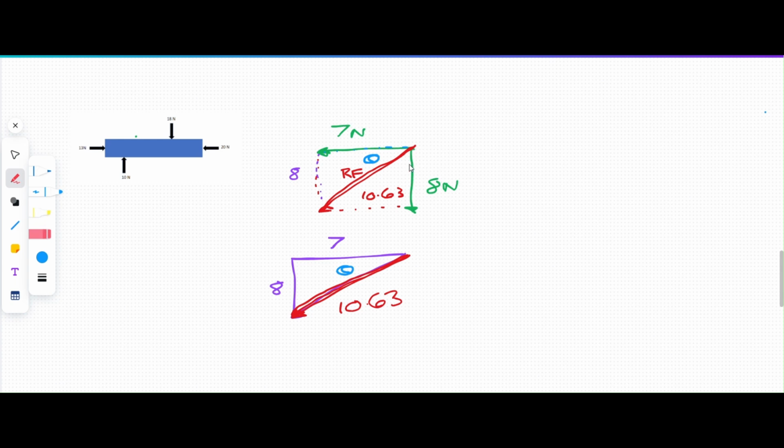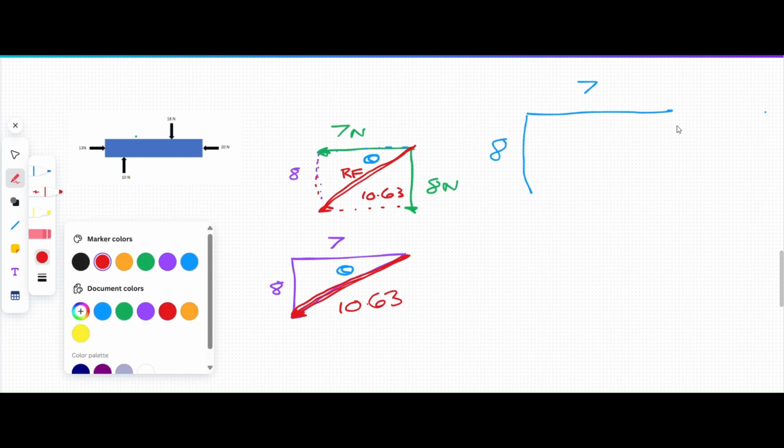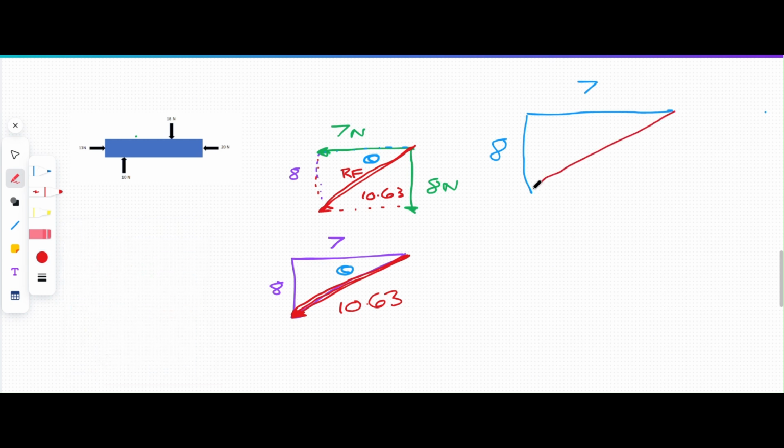So again, I'll draw my triangle because I love drawing triangles. There's my 7, not to scale. There's my 8. And then I'll get a red pen. I'm trying to find the angle of that resultant force, this one in here, that angle in there.